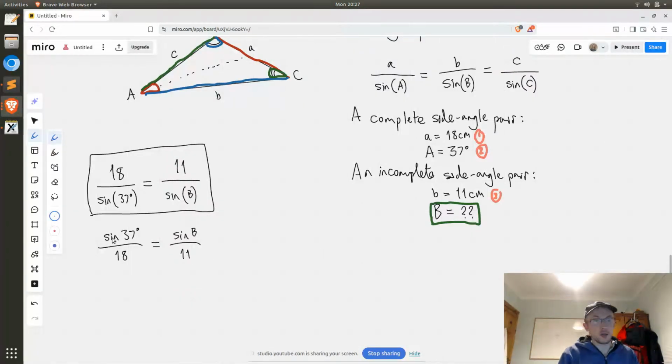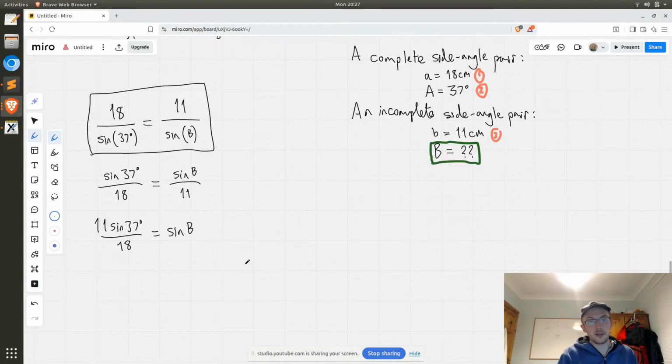Cross multiply, as in multiply both sides by 11. So 11 comes up here, and sine of B stays over there. Then arc sine both sides to get B by itself. So B is the arc sine of 11 times sine of 37 degrees, all divided by 18.